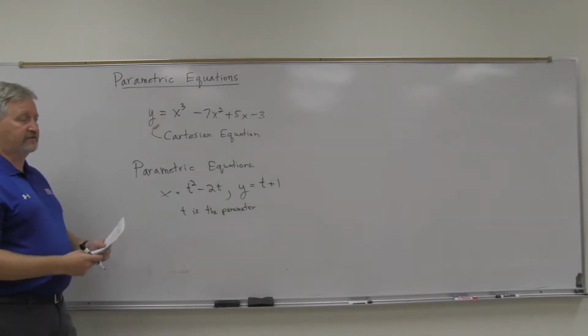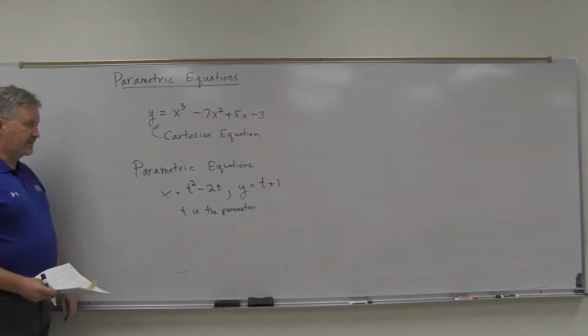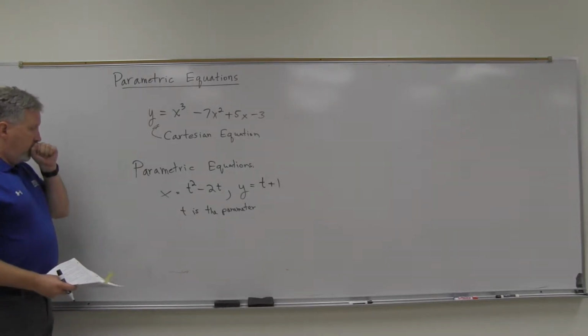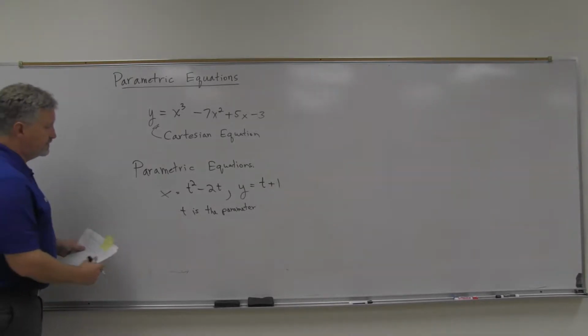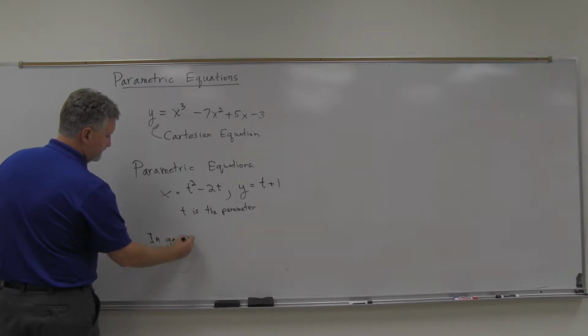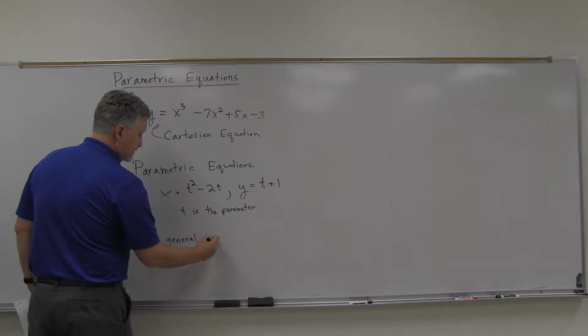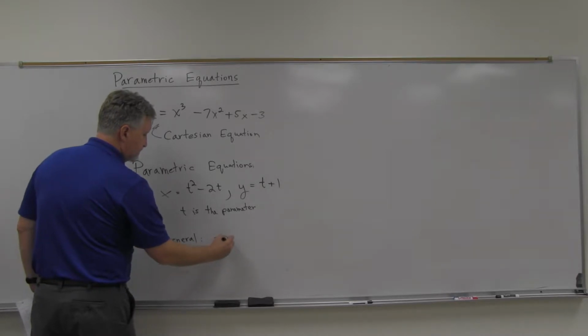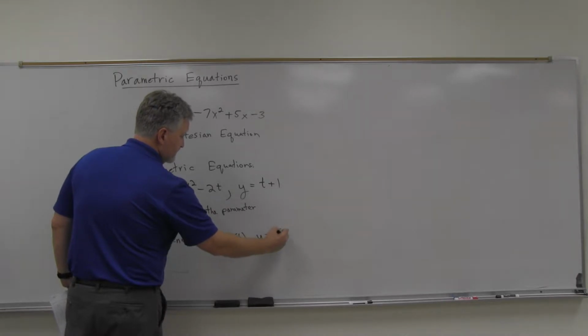We're going to start by graphing these parametric equations and look at the different graphs that we can generate. In general, here's the way we'll define it. In parametric equations, you have x equals some function of t, and y equals some function of t.